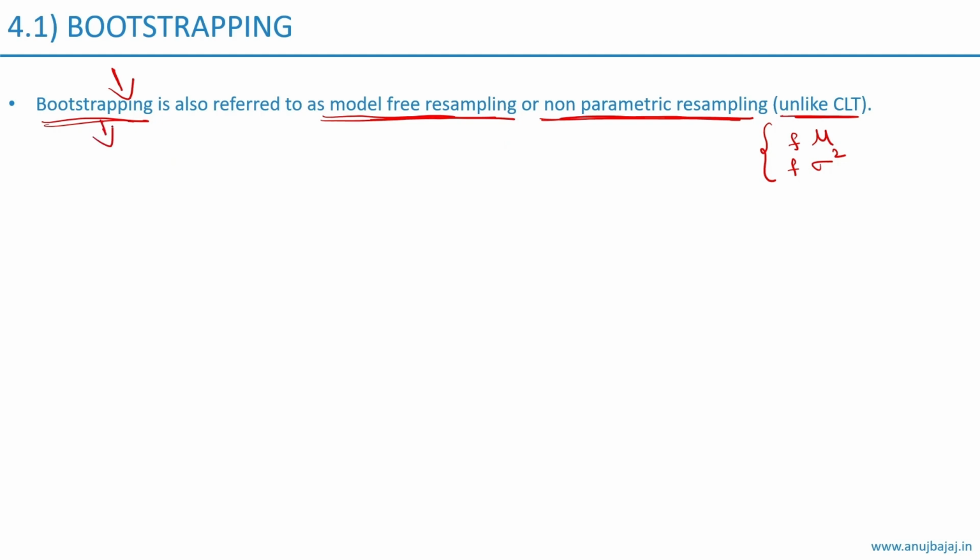But one similarity between bootstrapping and the central limit theorem is that in the central limit theorem, irrespective of what the population distribution is, the true sampling distribution will always follow a normal distribution, given that the sample size is large enough. Similarly, in bootstrapping, irrespective of what the original sample's distribution is, the bootstrap sampling distribution will always follow a normal distribution.